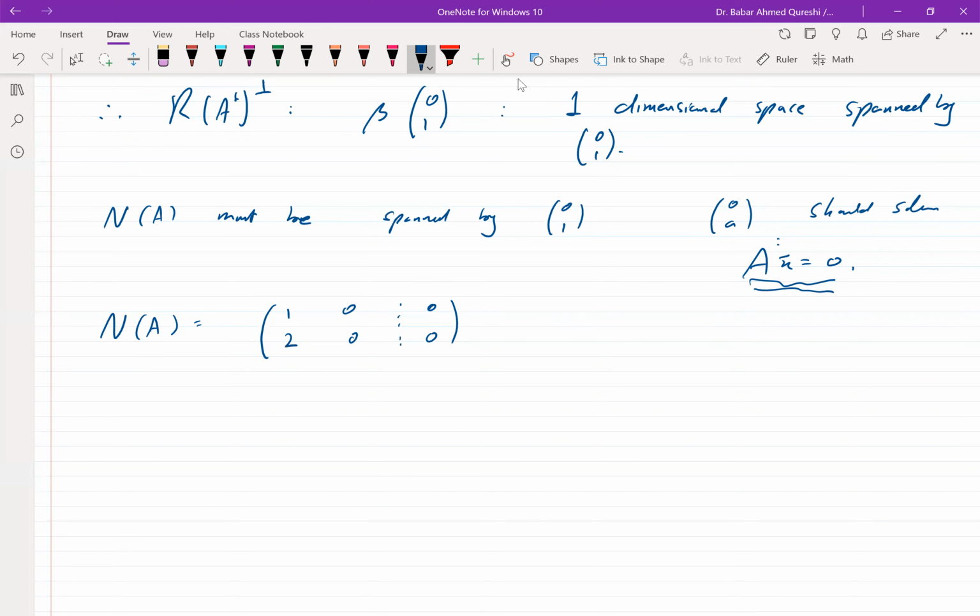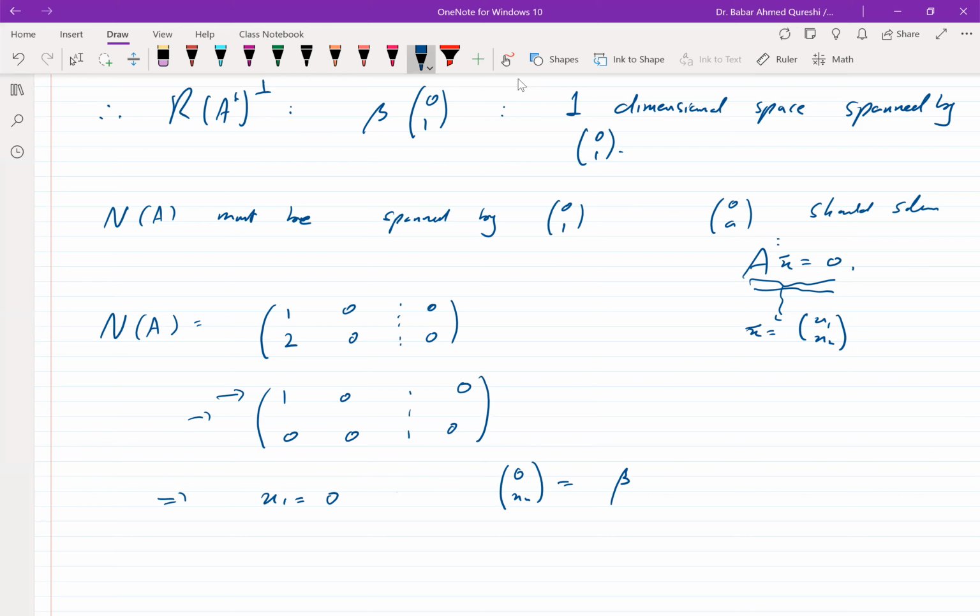So you put 0, 0 here. If I multiply by -2 and add below, I get just 0, 0, 0. If I'm writing this x as x1, x2, the first equation gives me x1 is equal to 0. The second equation doesn't have any information, and x2 is arbitrary. There's no condition on x2. So x2 is an arbitrary number, I can write it as beta.